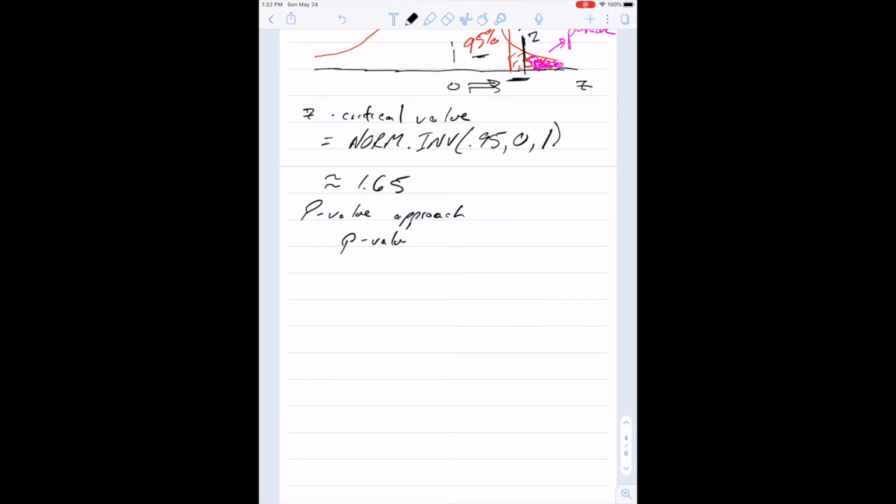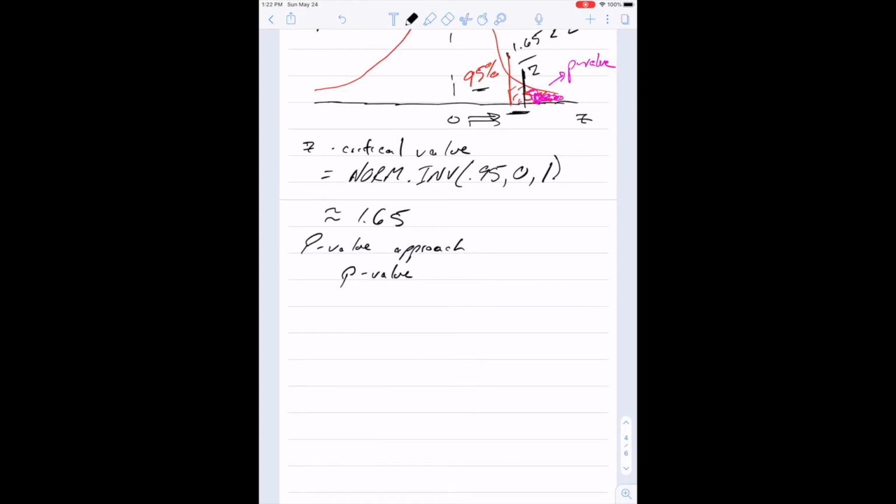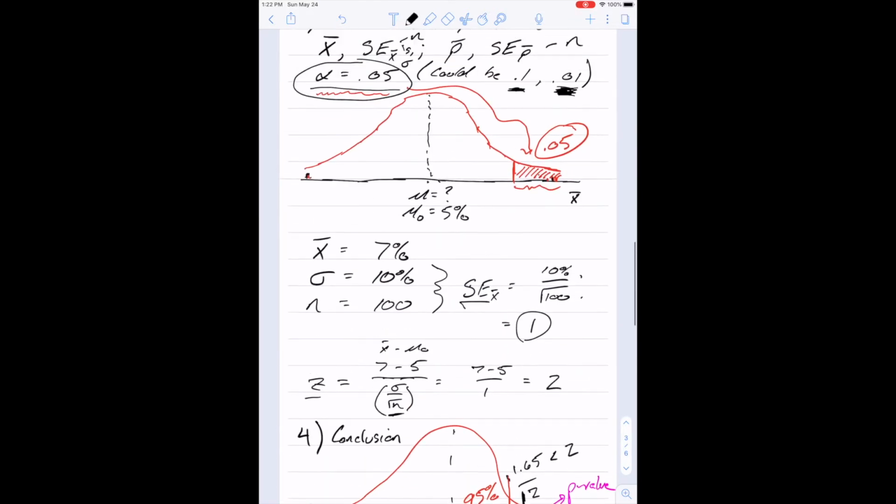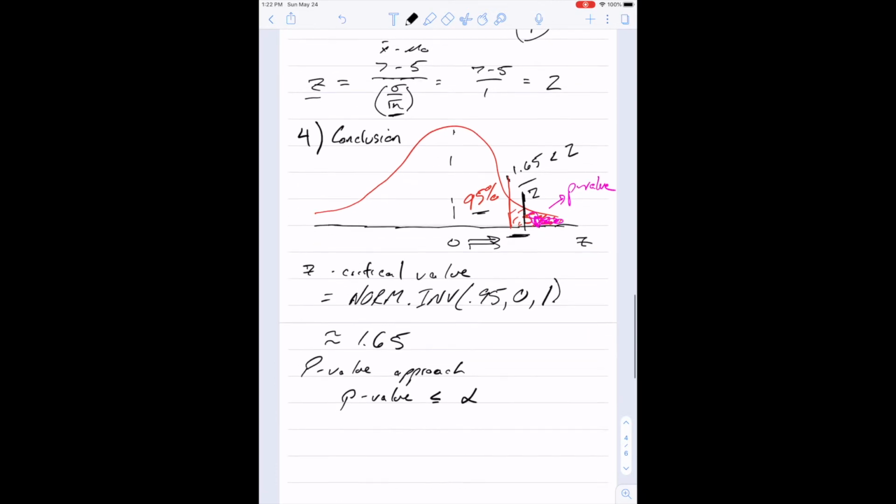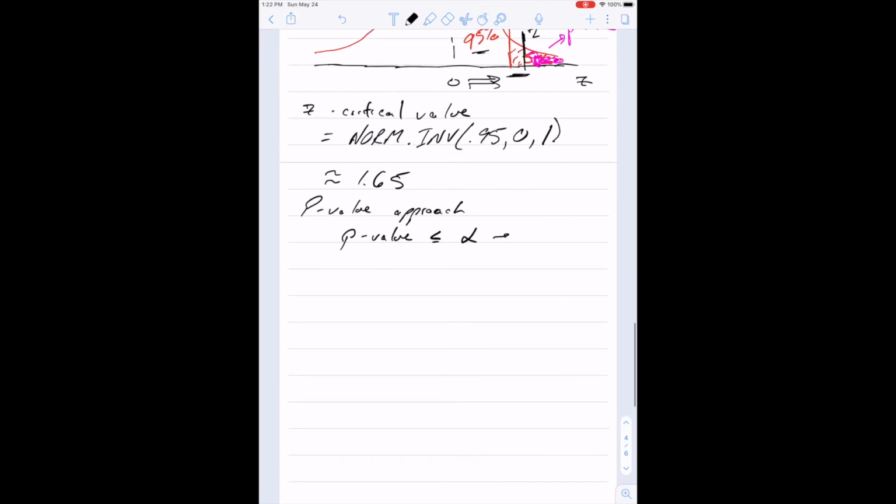A p-value is a probability, which is always positive. So we do not need to put absolute values around this like we did with the critical value. If that is less than or equal to alpha, which we chose to be 5%, then I'm going to reject the null hypothesis.